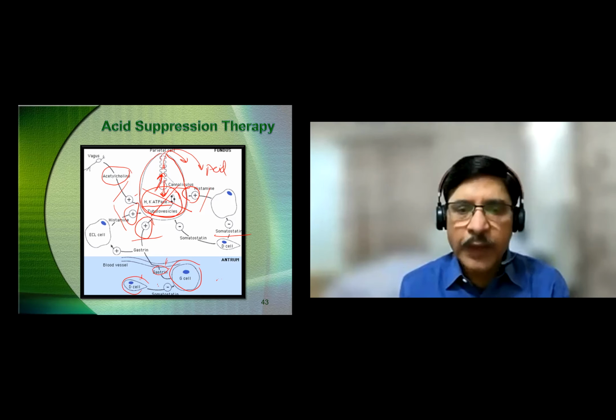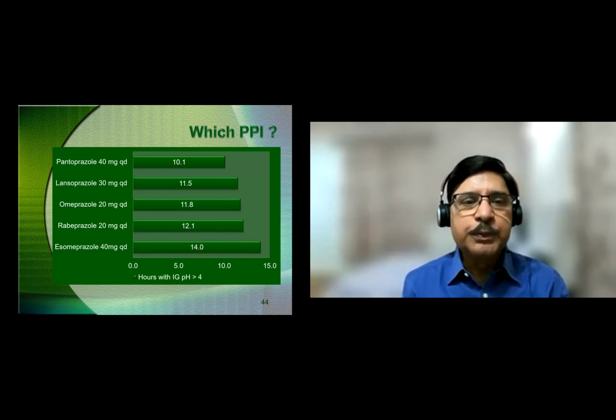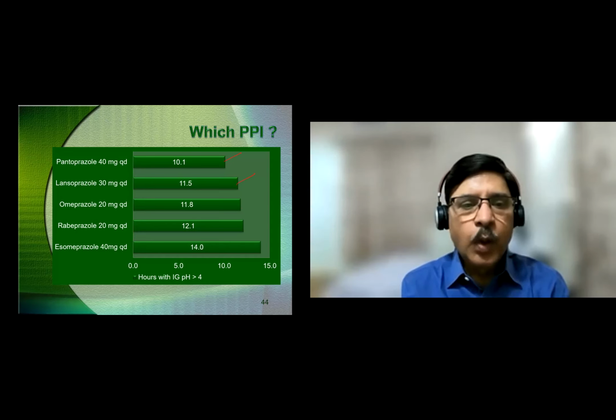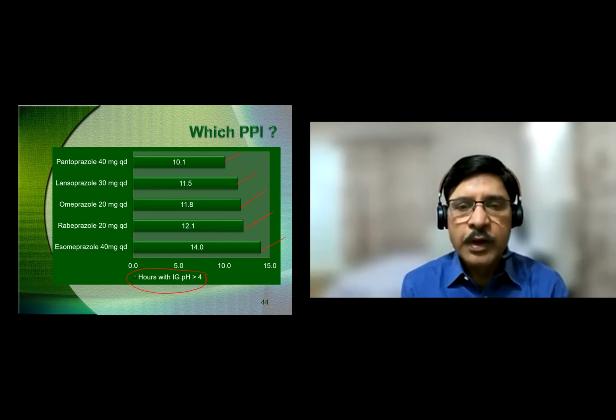That is why PPIs are a wonderful treatment. Now, which PPI? Pantoprazole, lansoprazole, omeprazole, rabeprazole, esomeprazole. Duration of action: hours with pH more than 4. Less than 4 is dangerous, we know. So esomeprazole and rabeprazole are long-acting drugs, whereas the others you have to give twice a day.